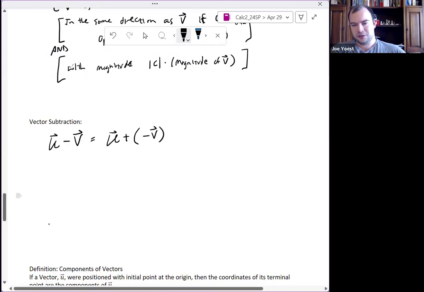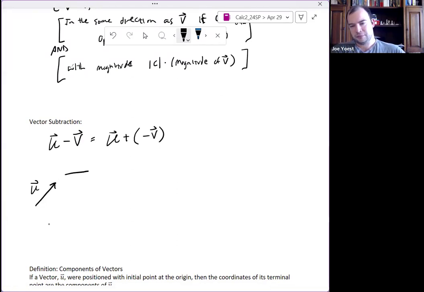So let's consider two vectors u and v. If I need to do u minus v, or u plus negative v, let's figure out what negative v is.